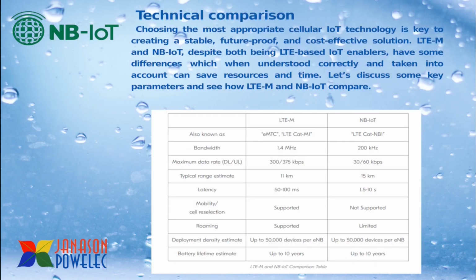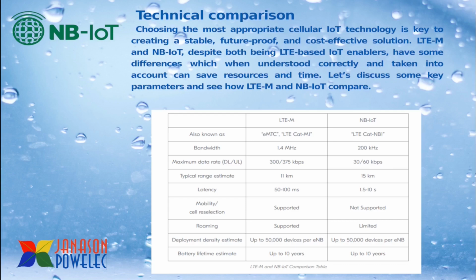Technical comparison. Choosing the most appropriate cellular IoT technology is key to creating a stable, future-proof and cost-effective solution. LTE-M and NB-IoT, despite both being LTE-based IoT enablers, have some differences which, when understood correctly and taken into account, can save resources and time.